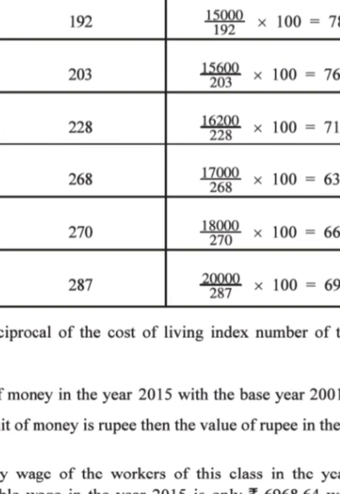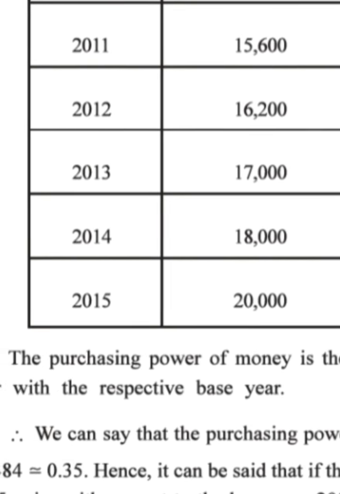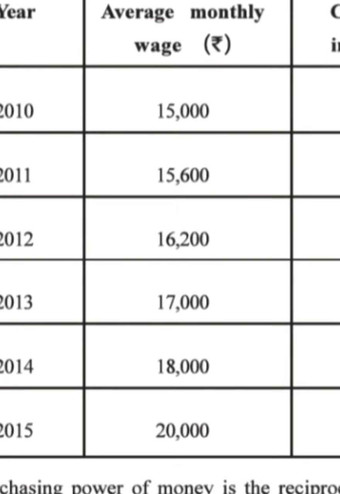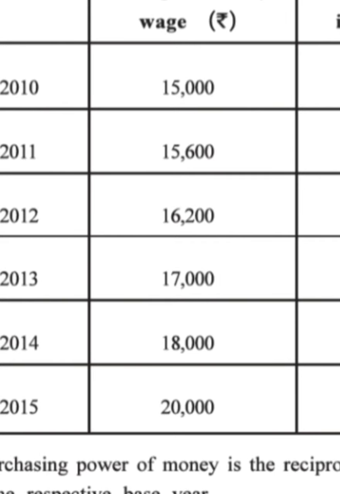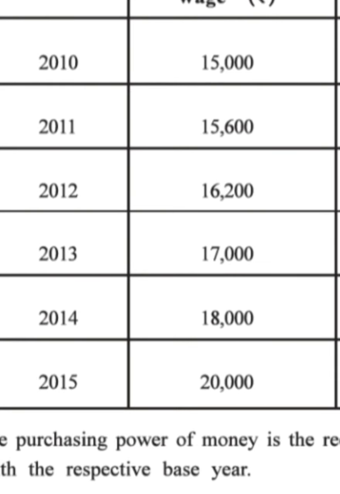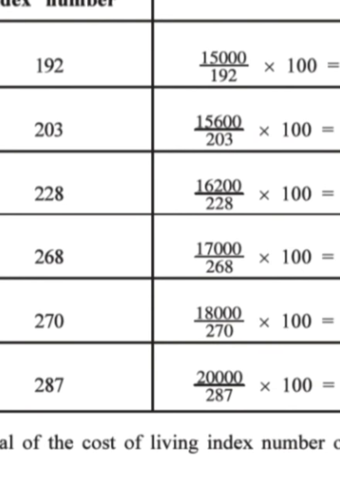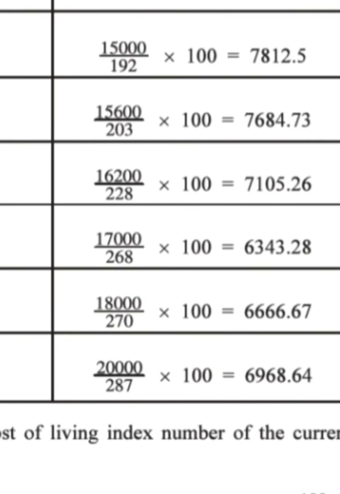Now you would find that for 2015, the average monthly wage is 20,000. Even though the average monthly wage in the current year 2015 is 20,000, for that particular person or family, the real wage has come down to only 6,968.64.